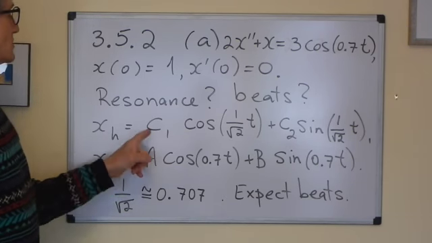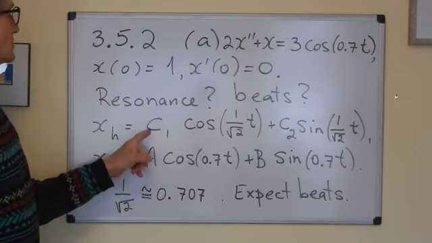That's just combining one term, which shows us how close 0.7 is to 1 over the square root of 2, and then the other whatever we have to have. And cosine of the sum of two angles is cosine of the one angle times cosine of the other minus sine of the first angle times sine of the second. And so that allows us to rewrite this 0.7t in a way that shows us where the frequencies are close and where they're far away. And so we'll plug this into the solution and we will see what we got.